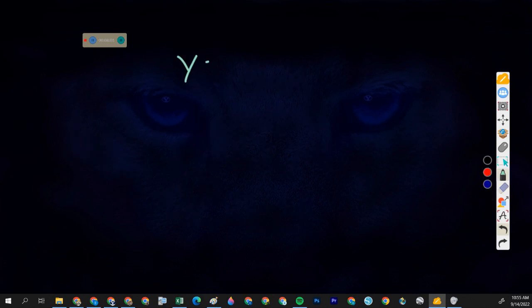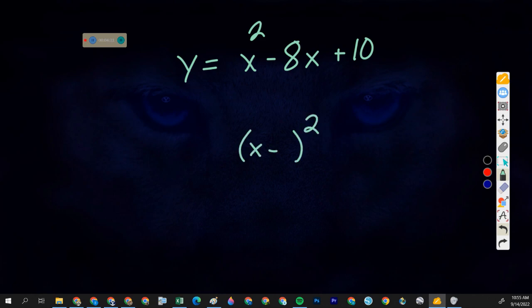So let's say I started off with x squared minus 8x plus, I'll say 10. Okay. Well, I need to force this to look like that. Does it follow the pattern of being a perfect square trinomial?